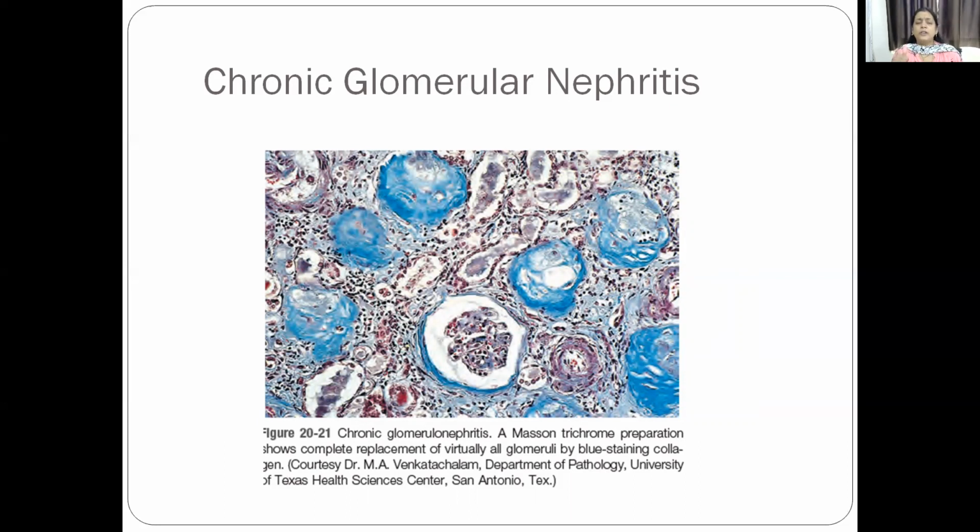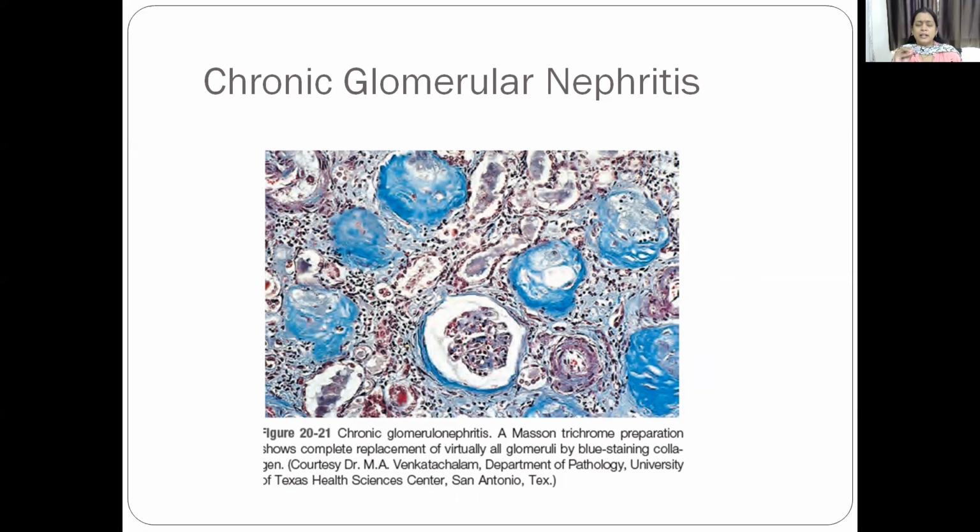Okay, so what do you find in the gross picture of the chronic glomerular nephritis is that the kidney is usually shrunken, the cortical surface is thinned. Then what you find is that there is obliteration of glomeruli because of scarring. The capillaries are occluded by the proteins which are getting insulated. Okay, and then there is hyalinization. Then there is inflammation which is occurring.